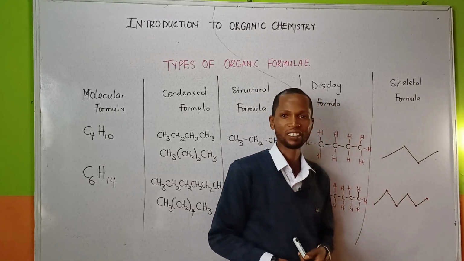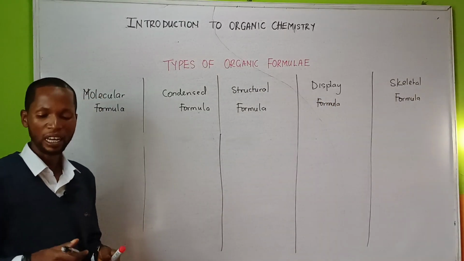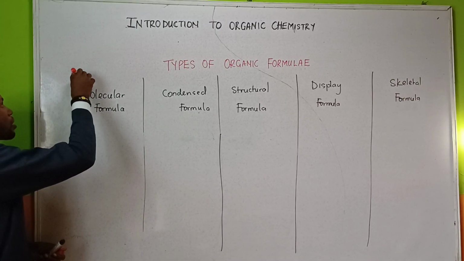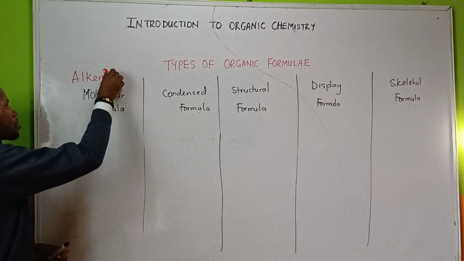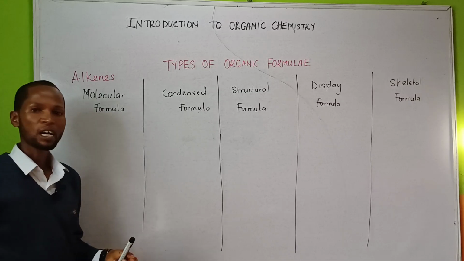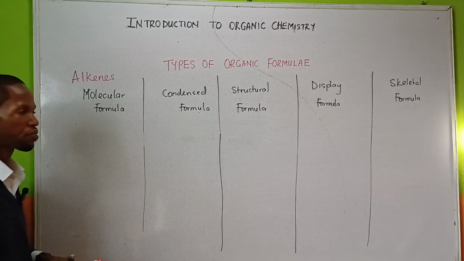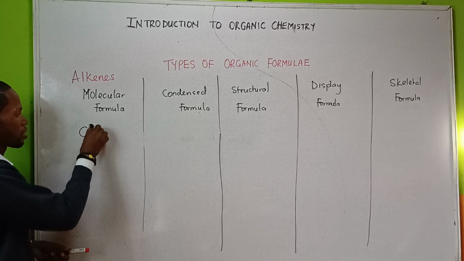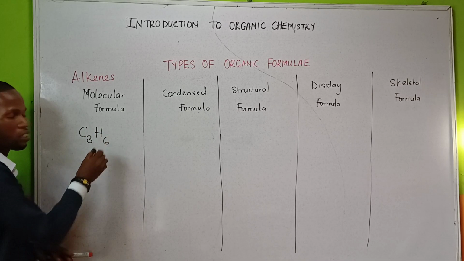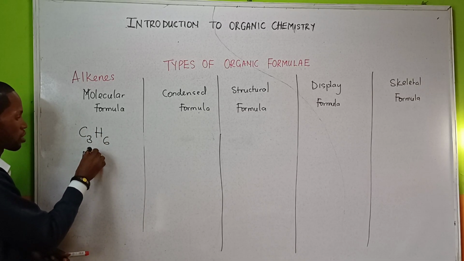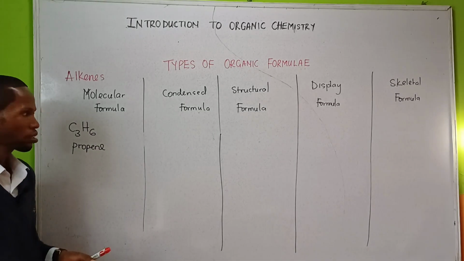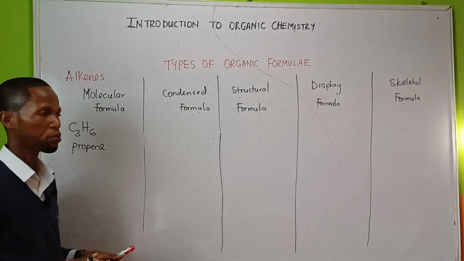Okay, makes sense? Similarly, we can consider the forms and formula for the alkene series. Alkenes. So let's take, for example, the second member of the alkene with the molecular formula C3H6, which is what? The propene. Okay, that's the molecular formula for propene.